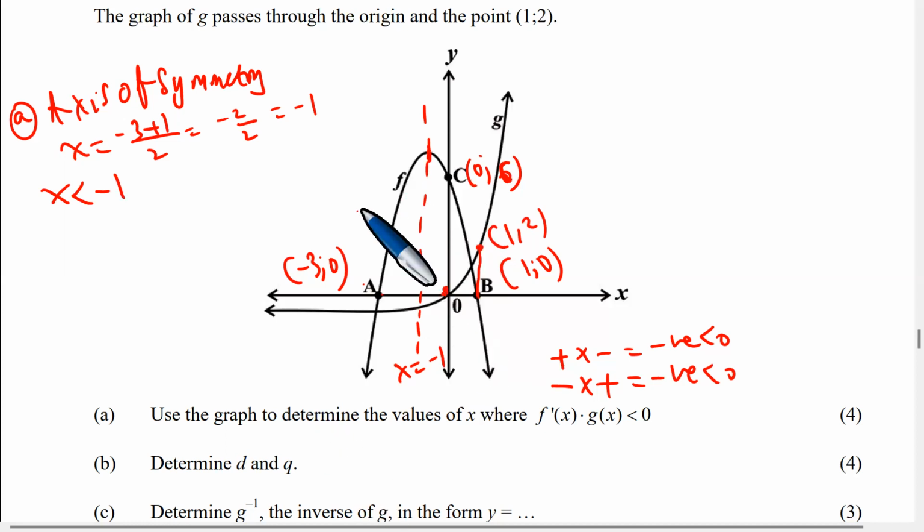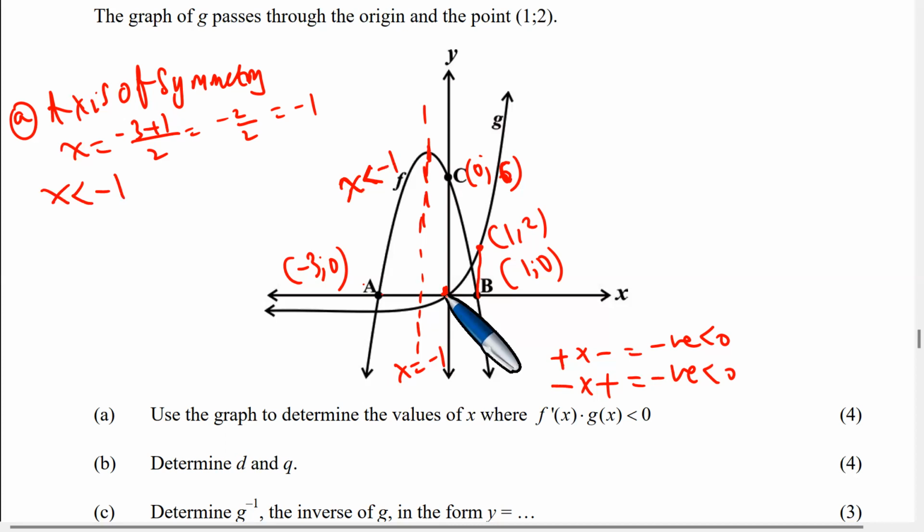The gradient is positive and the function is negative from the axis of symmetry.